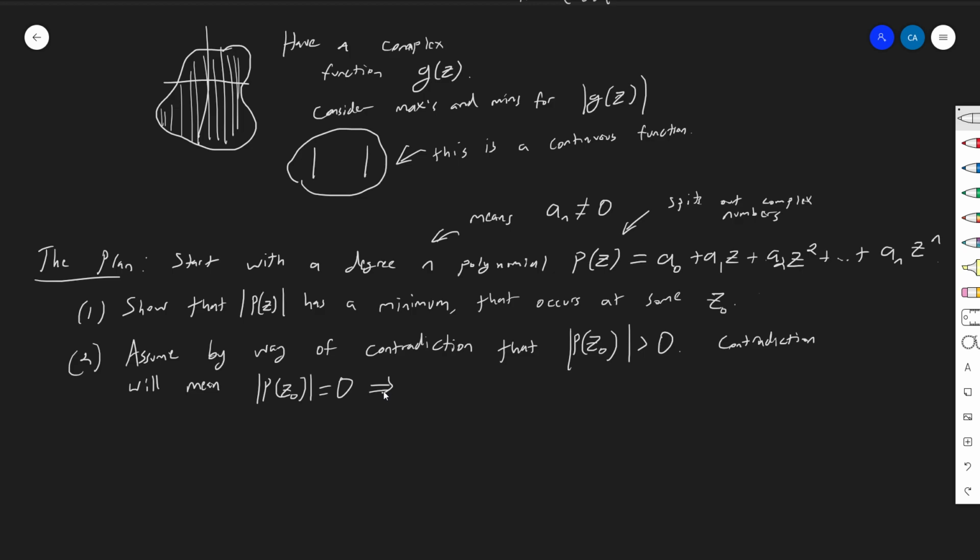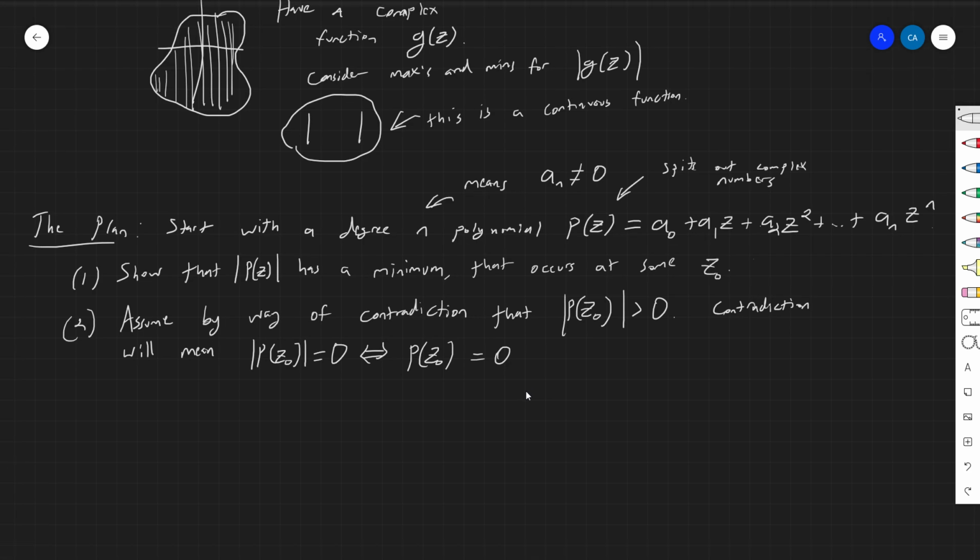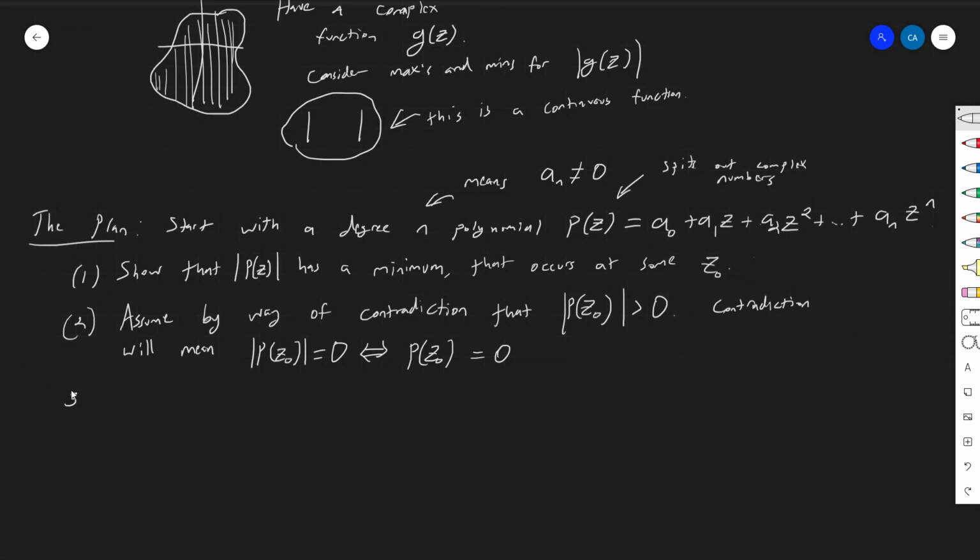That can only occur if and only if p of z0 is equal to 0. That's another property of the absolute value function. There's only one way to get 0 out of it, and that is if the thing inside of it is 0. And then we'll do the factoring.